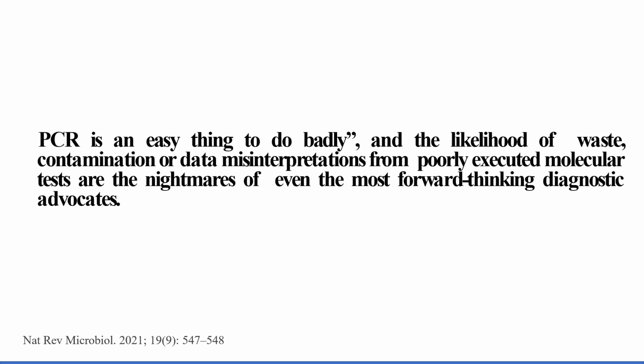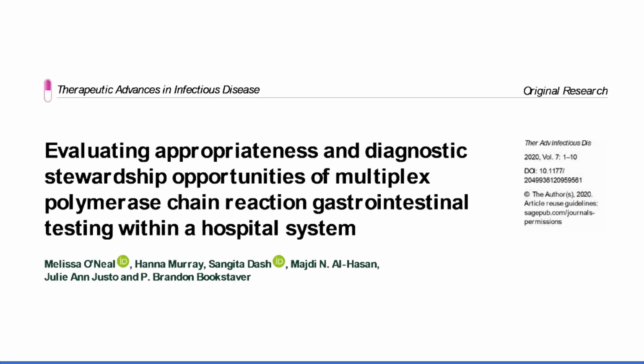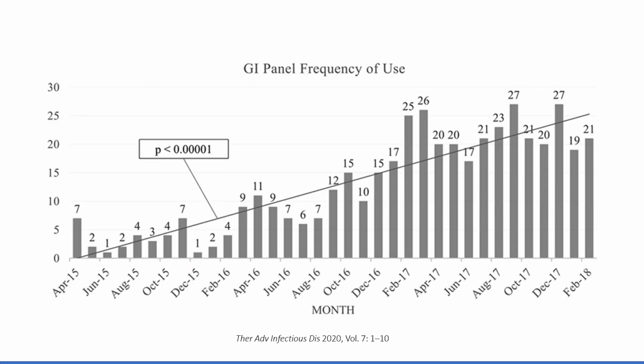You can refer to the details of PCR in the journal Nature Reviews Microbiology. Then, evaluating appropriateness and diagnostic stewardship opportunities of multiplex PCR within a hospital system: this is a very interesting article. You can refer to the Therapeutic Advances in Infectious Disease journal for the same. The frequency of use of the GI panel has been increasing.